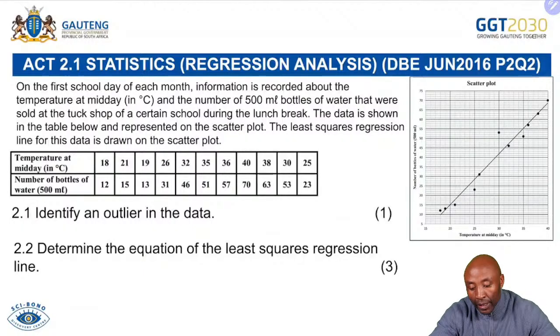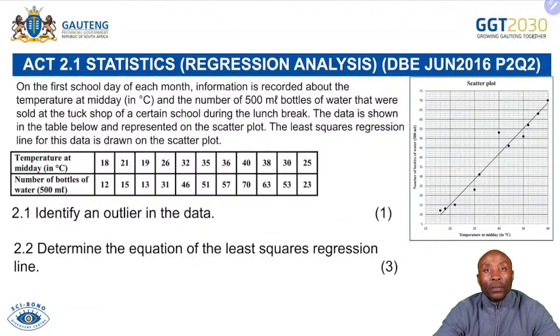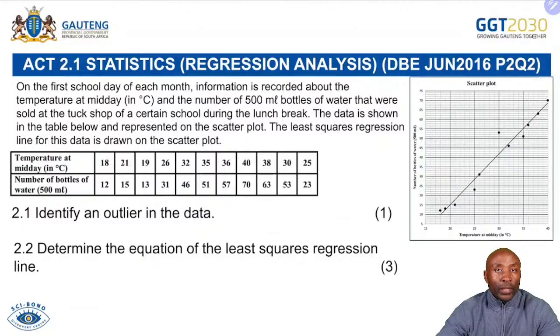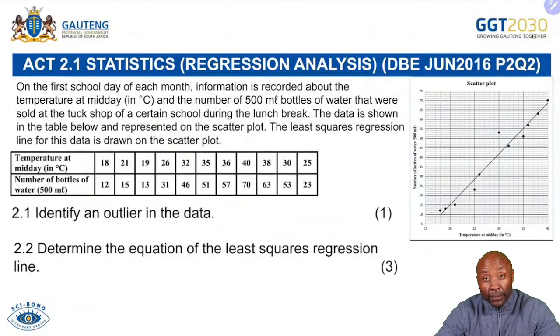Now, they have done the scatter plot, they have also indicated the line of best fit, and you are able to see that it does not go across the graph, but it starts and ends where our scatter plot starts and ends. We are supposed to identify an outlier. We talked about outliers when we were doing our univariate data analysis.